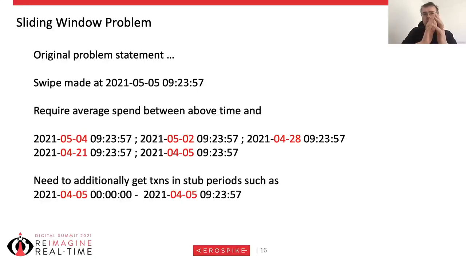So I need to pull in all the transactions that happened in that period. But I also need to pull in all the transactions between 9:23 on the 5th of April and the midnight between the 5th of April and the 6th of April in order to get my calculation absolutely accurate. So it's those messy stub periods that make this a harder problem than dealing with windows which are fixed against date boundaries.